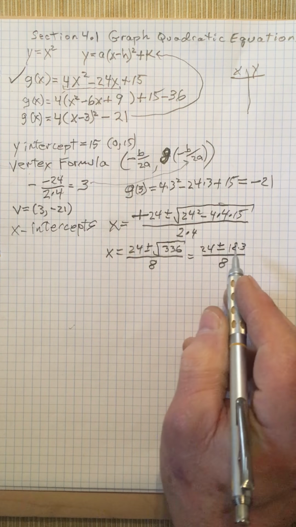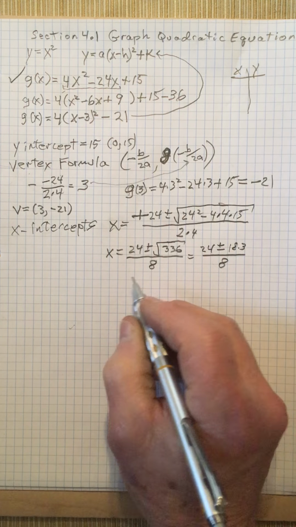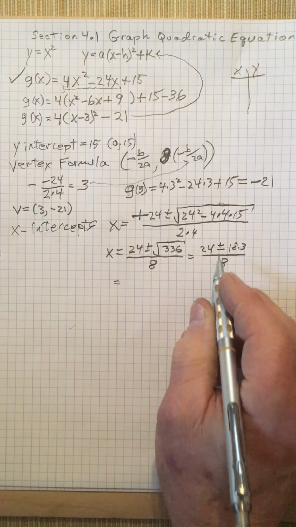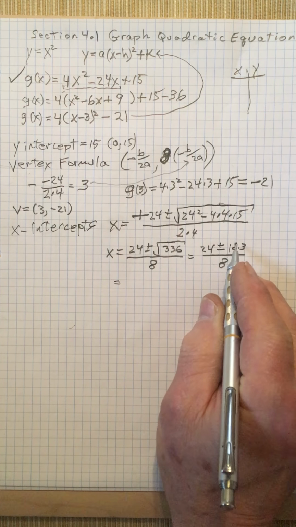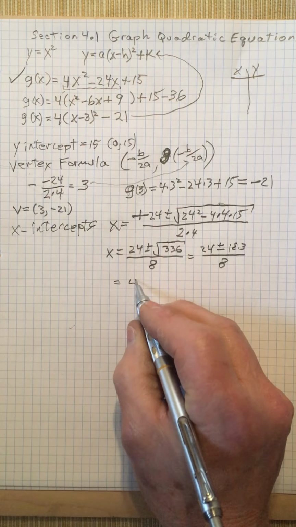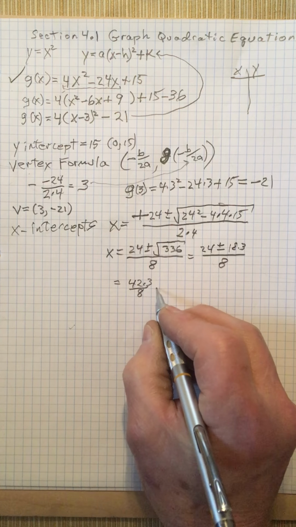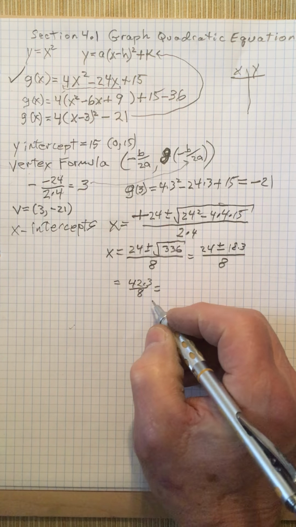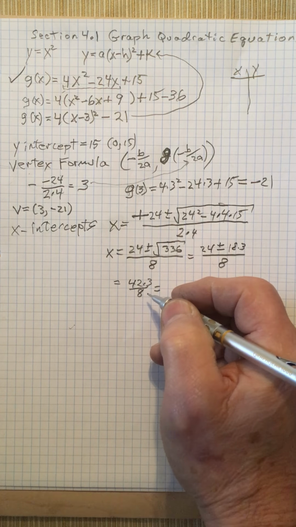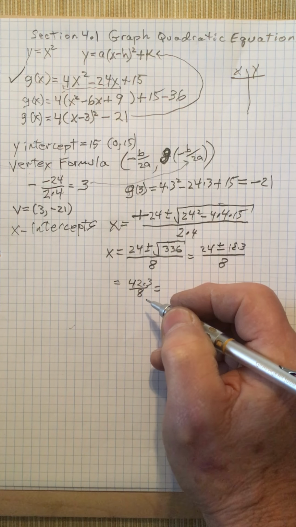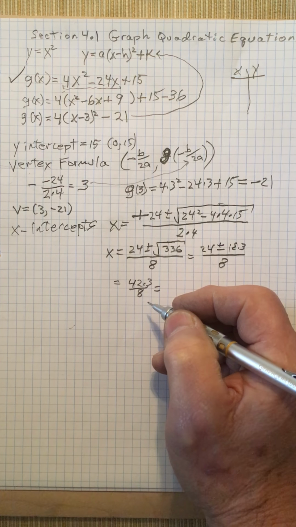So if I add these together, that's going to be 42.3 over 8, which is going to equal, where is it here?